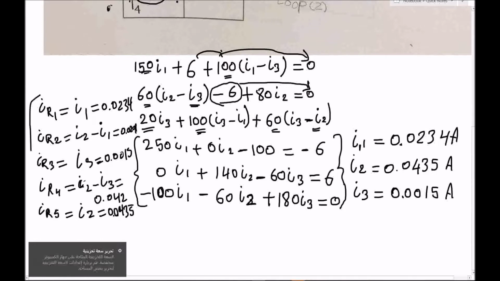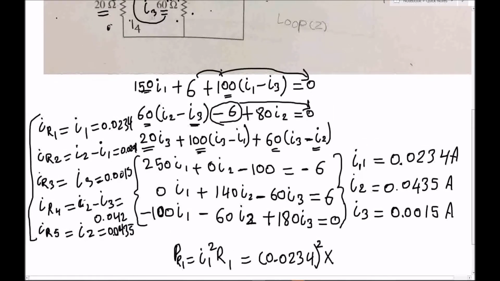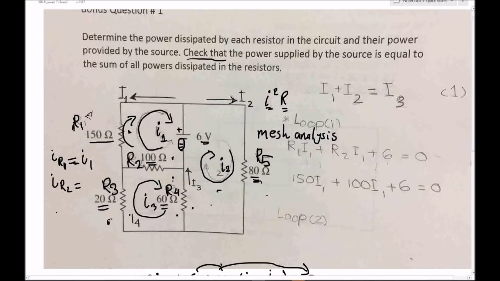We calculated IR1, IR2, IR3. Now we do I squared R. So the power through R1 equals I1 squared R1, which is 0.0234 squared times 150.